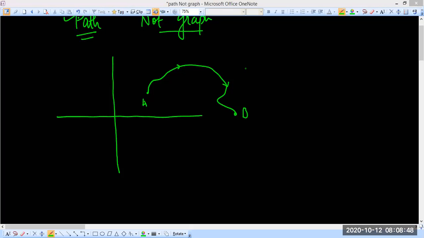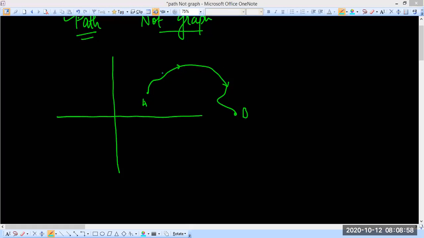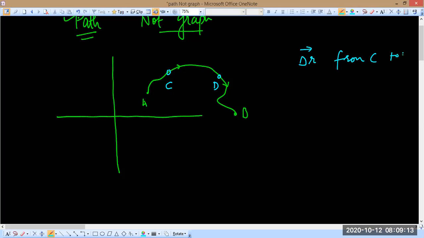Now I want all of you to think about this very carefully. Suppose you try to find the displacement of that person, the terrorist, let's say from C to D. That would be a vector like this. I'm sure all of you understand that.